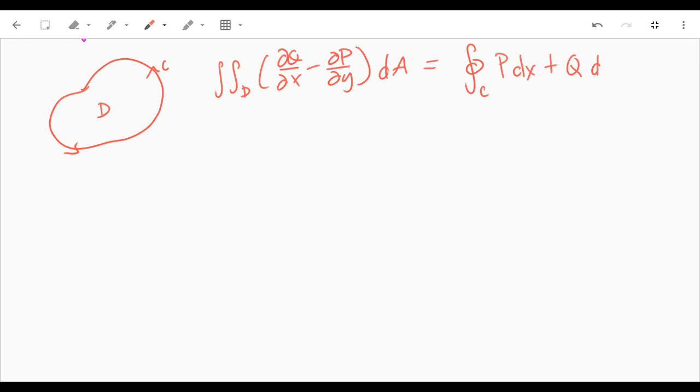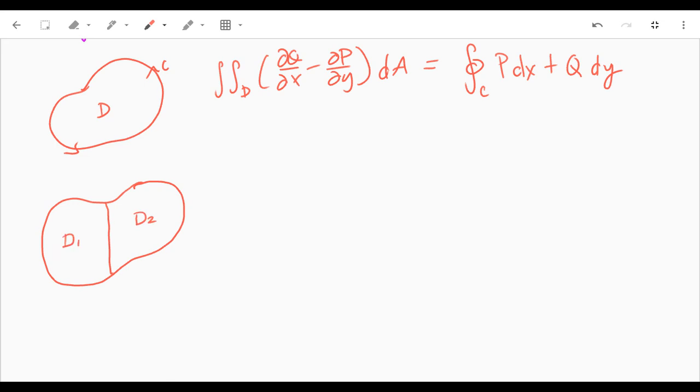Now sometimes you might have more than one region, and this is kind of an intermediate step. You might be like, why would we do this? Well, let's say that we have something like this, where maybe we split it into two regions, D1 and D2.